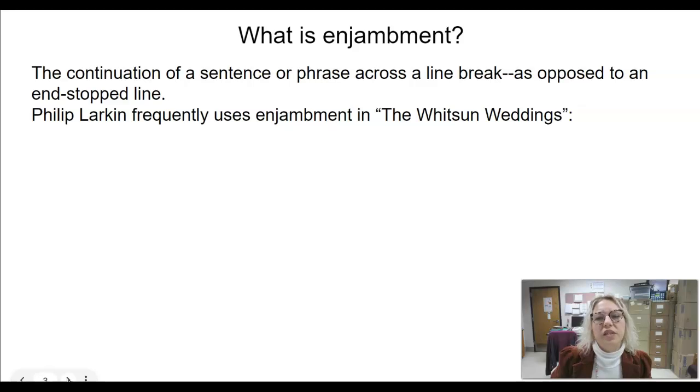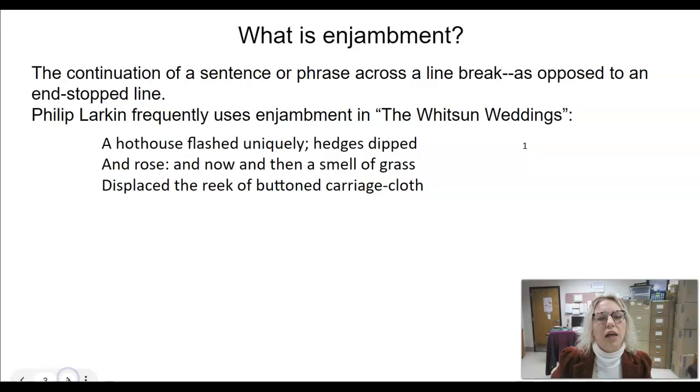In the poem The Whitsun Weddings, we see some enjambment. Here are the 4 lines that I'm going to share with you. Oh, I guess I got 3 lines. And in each one, we have an example of enjambment where the sentence or phrase spills over to the next line. So here we have a hothouse flashed uniquely.